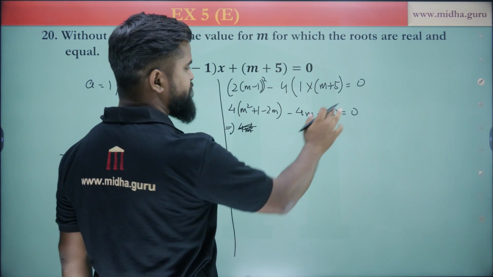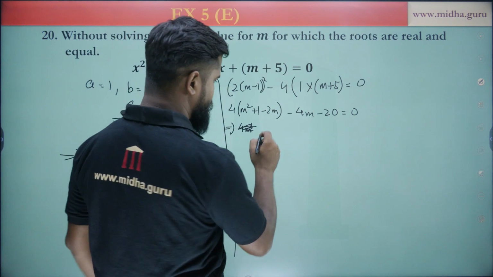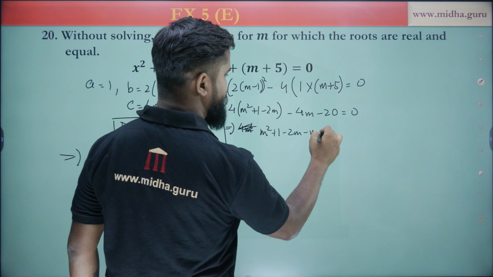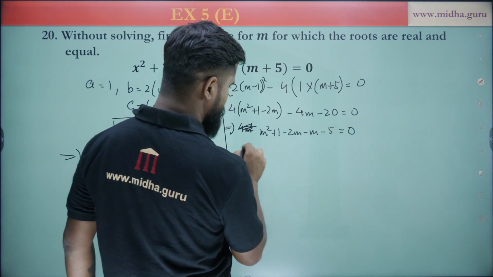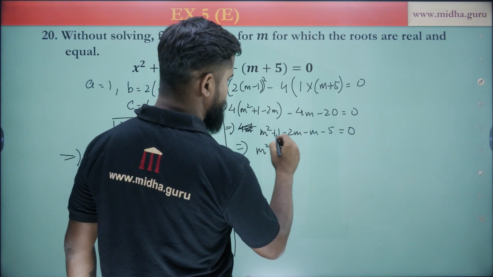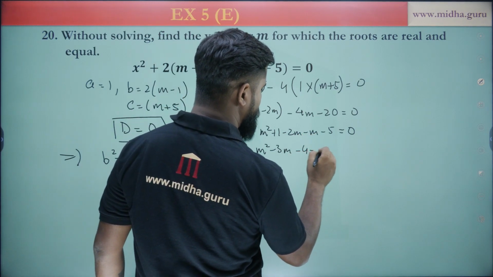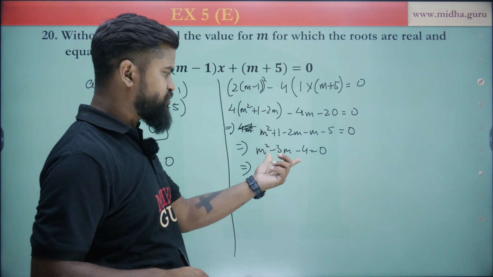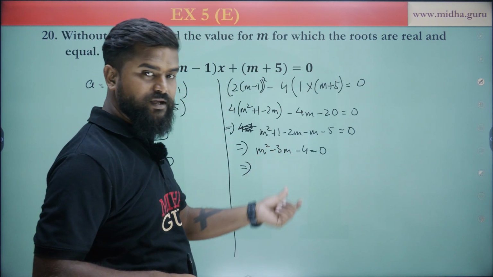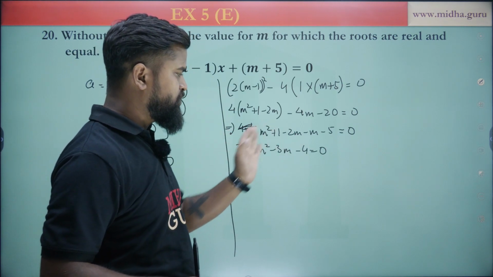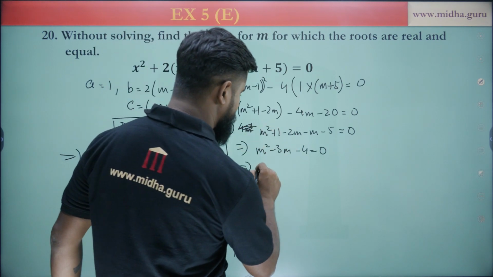Or what we'll do is we divide this equation by 4. We get m square plus 1 minus 2m minus m minus 5 is equal to 0. Which gives us m square minus 3m minus 4 is equal to 0. Now we'll solve this quadratic equation by splitting minus 3 into two coefficients such that the product gives us minus 4 and the sum gives us minus 3.